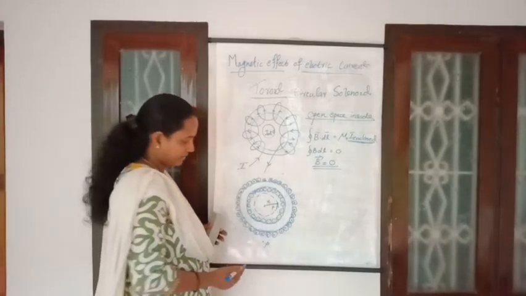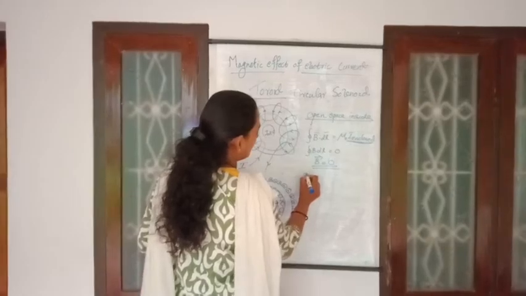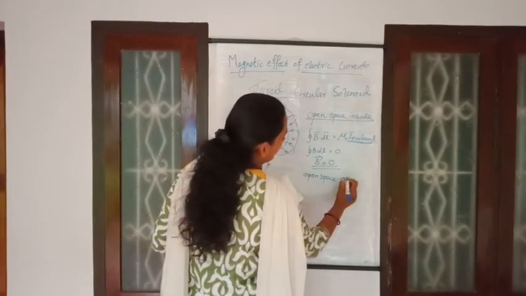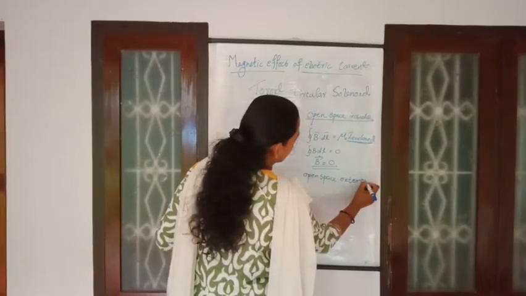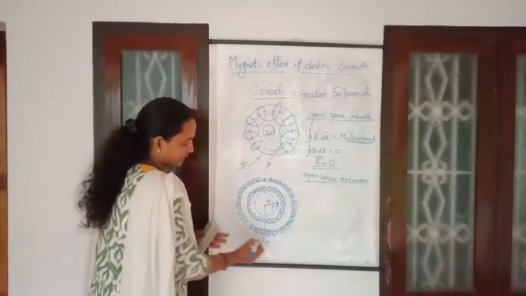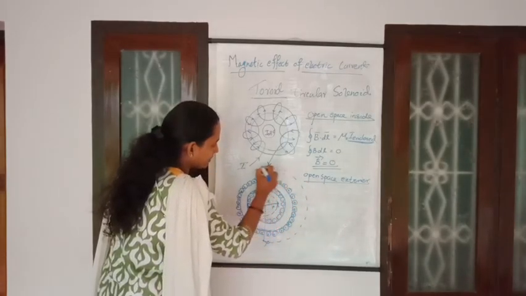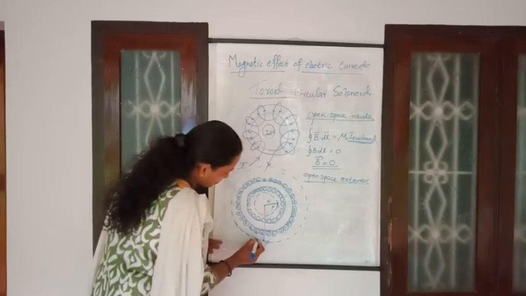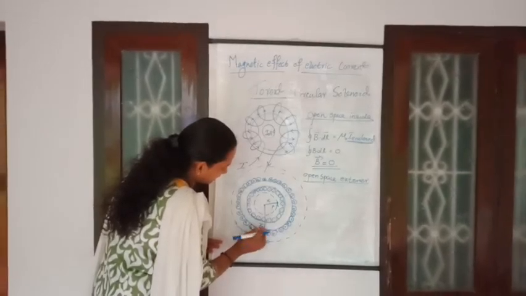And next you can consider a point P outside. In the same way, we can consider the open space outside or exterior. So we can consider an Amperian loop which is passing through this point P with a radius R2.